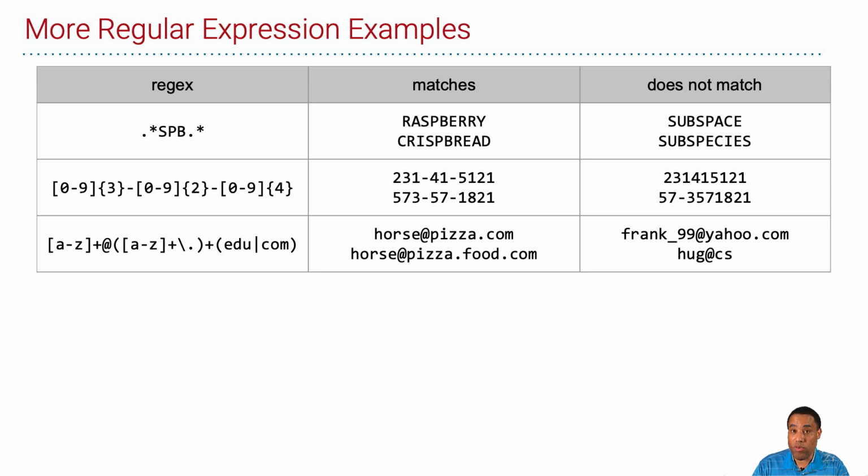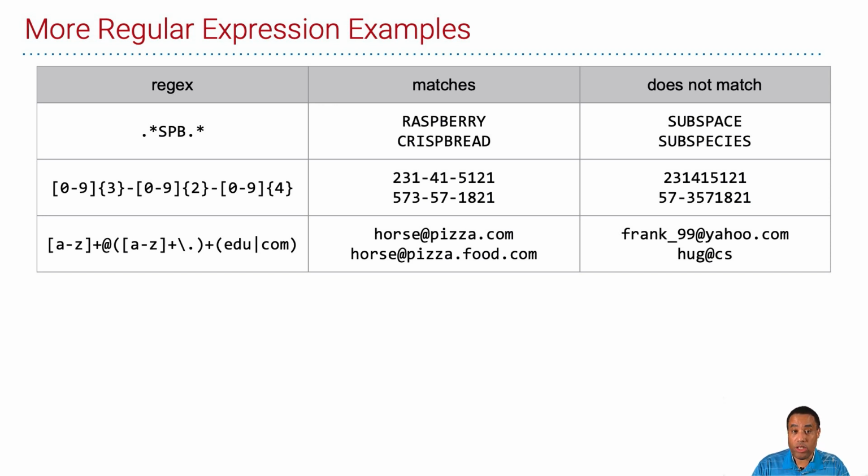Okay, so some more regular expression examples. So here we have dot star. Again, dot matches any character, star says any number of repetitions from 0 to anything. And then we have capital S, capital P, capital B, and again, dot star, so match any character from 0 to n instances.